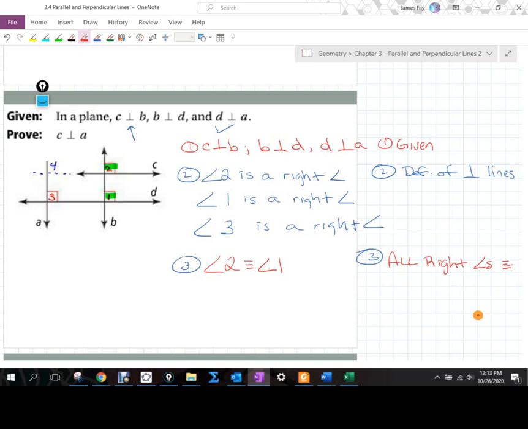So what's that tell me about lines C and D? They're parallel.